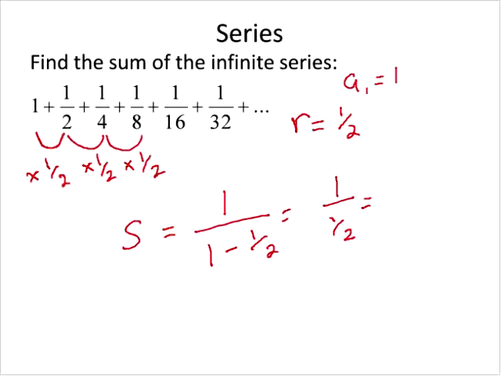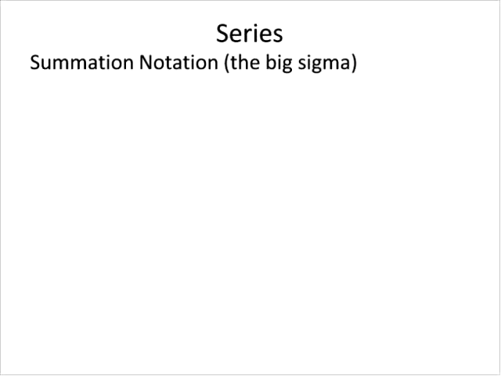So I have 1 divided by 1/2. And I'm going to rewrite that as 1 times 2 over 1. So that's just a 2. If I add up this infinite series, it'll all add up to be just a plain old 2.